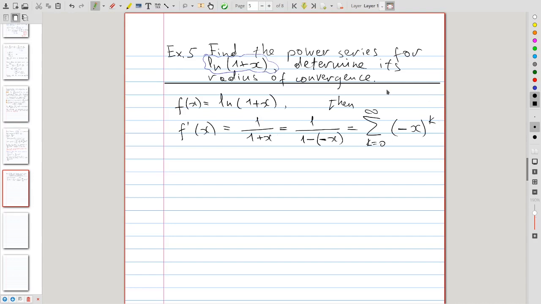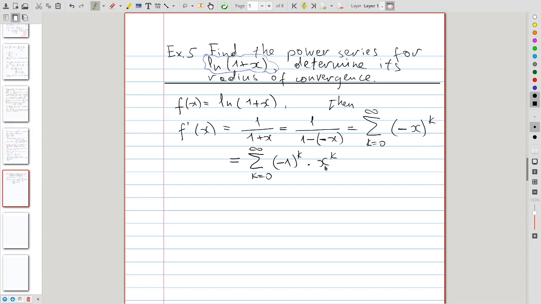We can further simplify it by taking the minus 1 outside of this term. So this here becomes the sum k from 0 to infinity, minus 1 to the power k times x to the power k. Now, when is this convergent? This is a geometric series.